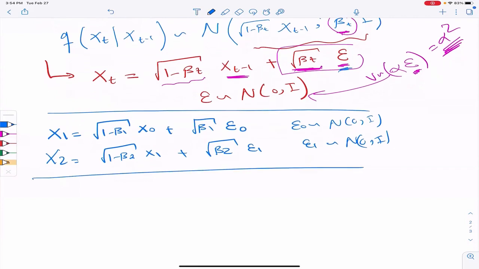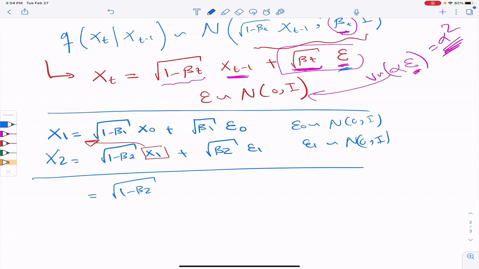But can I combine these two equations? Because I have an equation for x1 from the previous slide. If I do that, I can write this as square root of 1 minus beta 2.